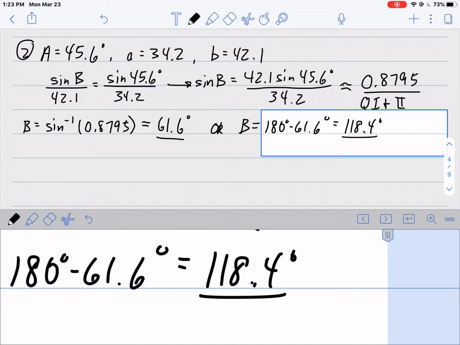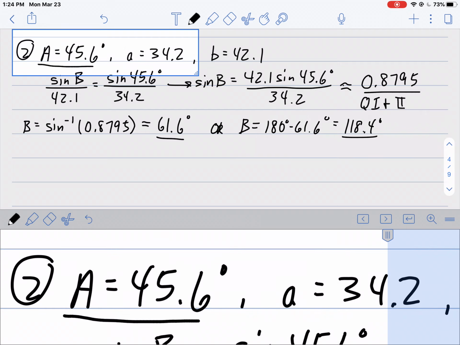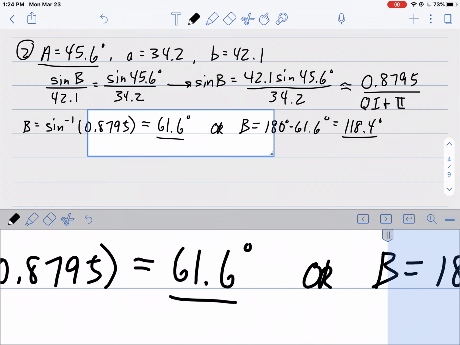Okay? Now, here's the other thing you want to watch. Even though there are two angles that have that function value, the sine of 0.8795, that doesn't necessarily mean that both angles are valid or viable. In other words, I already know one angle of this triangle is 45.6 degrees. Now, this angle is always going to be good.